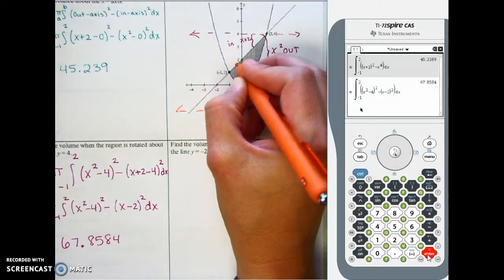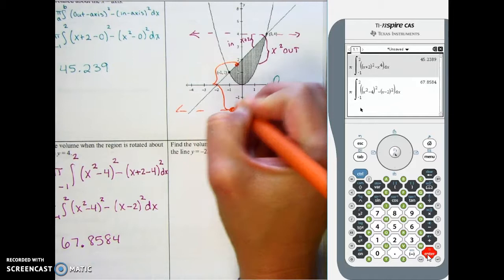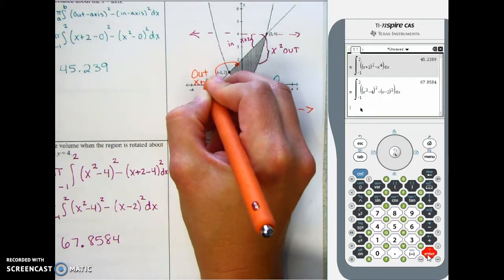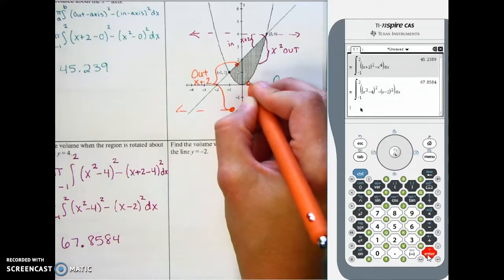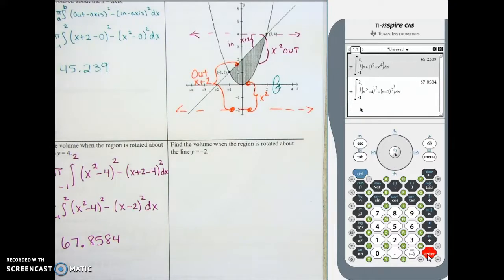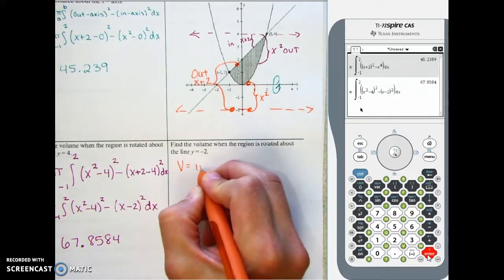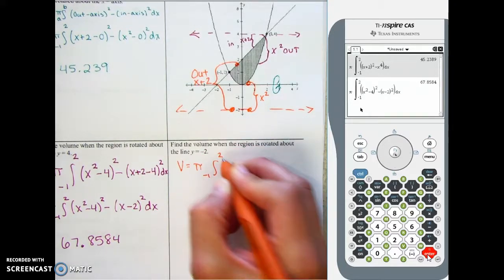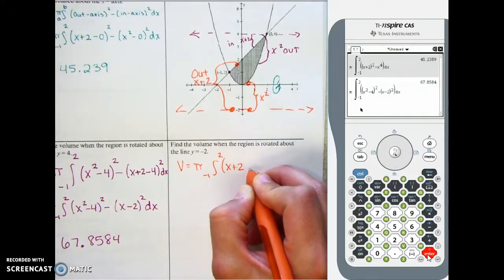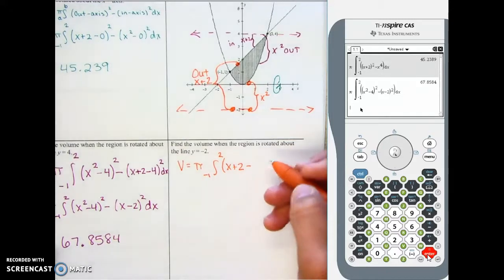Okay, what's our outer function? So what's furthest? The outer function is now the line, and the inner function is the parabola. So volume equals pi, -1 to 2, the outer function minus our axis of rotation.